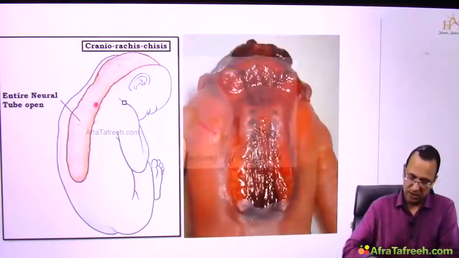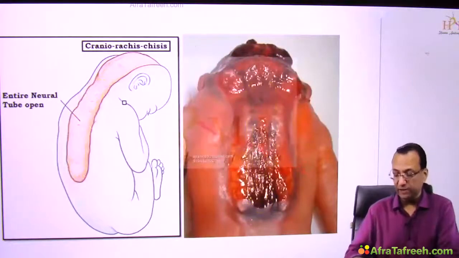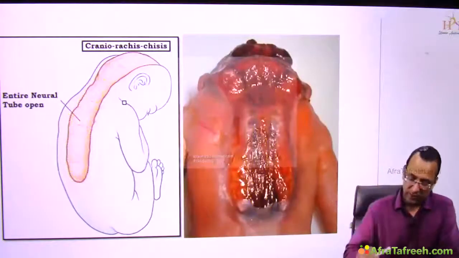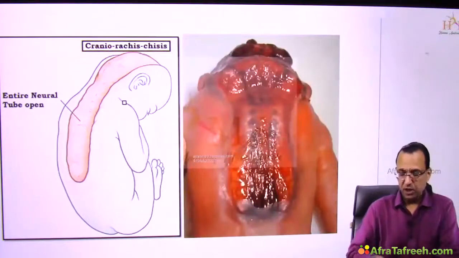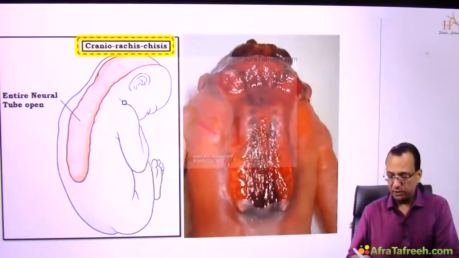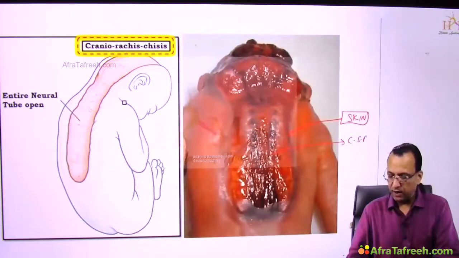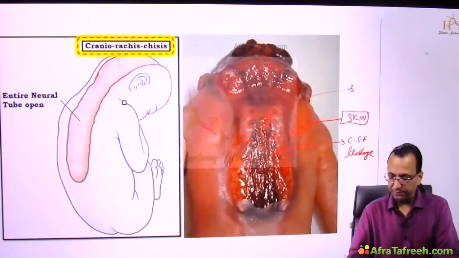And the vertebra is open, skin is open, spinal cord is open, CSF is leaking outside. It is rachis also. Together it is called craniorachis. You can see here that the skin is at the periphery and CSF is leaking outside, and there is open vertebra, spina bifida.